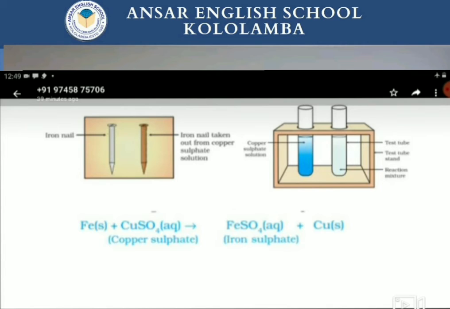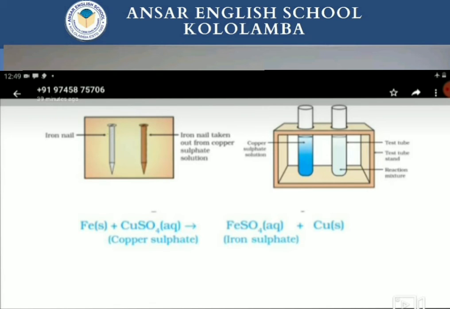What can you see? The color of the iron nail changed. Look at this picture. The colors are different. Compare the color of the iron nail dipped in copper sulfate solution with the one kept aside.